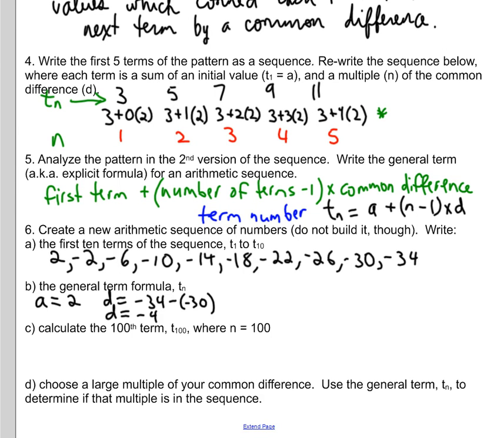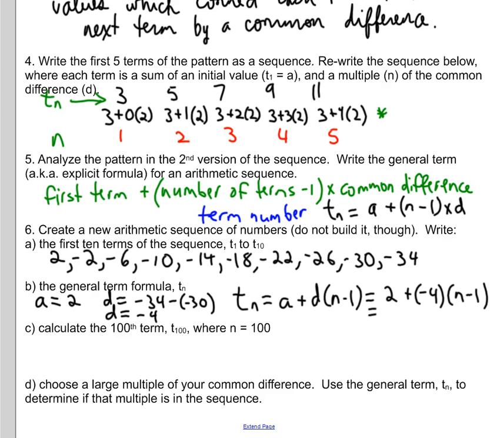Sometimes, as we come back to part B of number 6, we want to write this a little bit differently. We might want to write it as nth term equals first term plus common difference times n subtract 1, which makes it a little bit easier to simplify. So let's load in what we know. We know that the first term is 2. We know that the common difference is actually negative 4. And multiply that by n subtract 1 multiples.